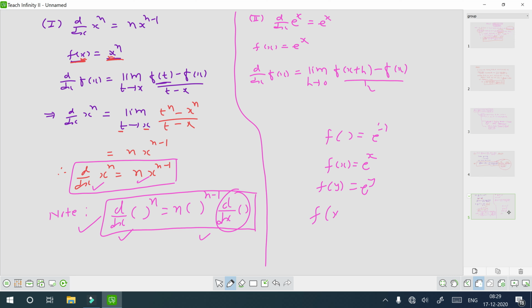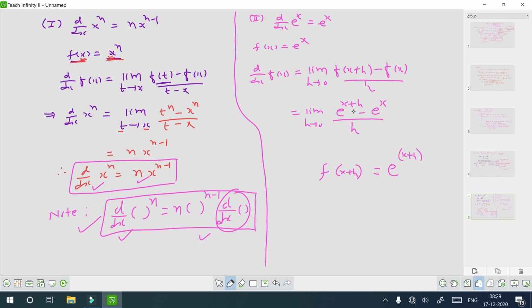So f of x plus h. So if I put here f of x plus h, then we get x plus h. So next step, limit h tends to 0, e raised to x plus h minus e raised to x over h. Yes or no?